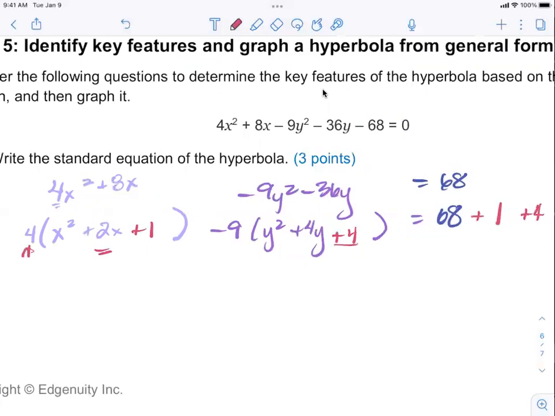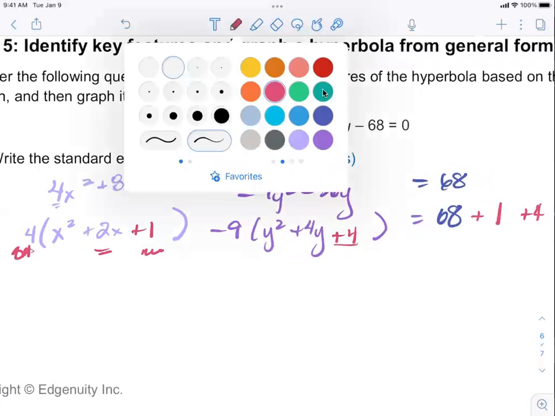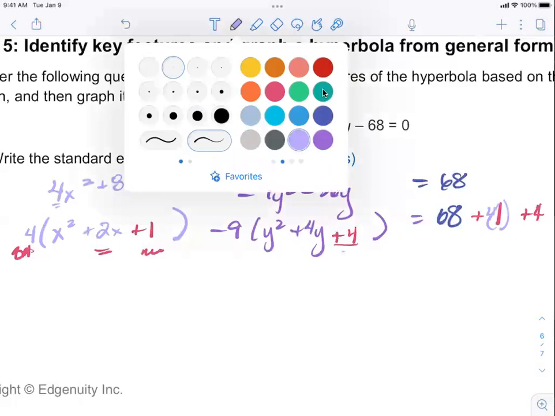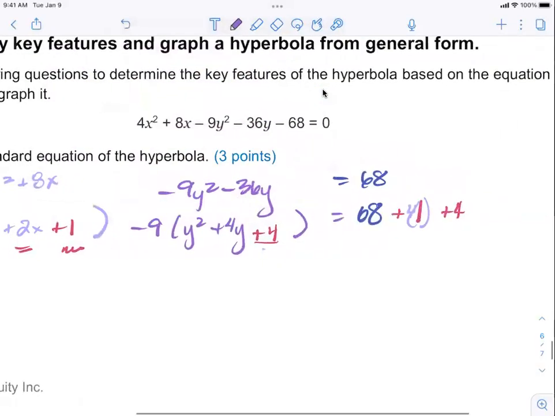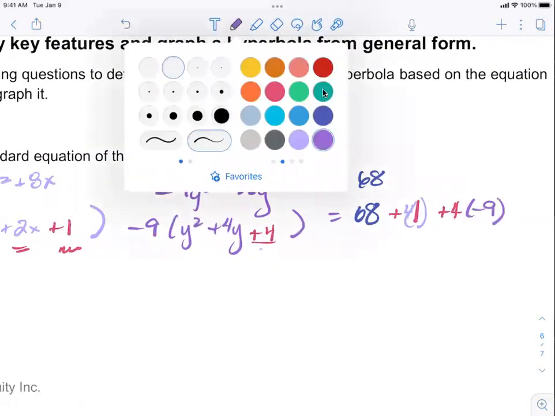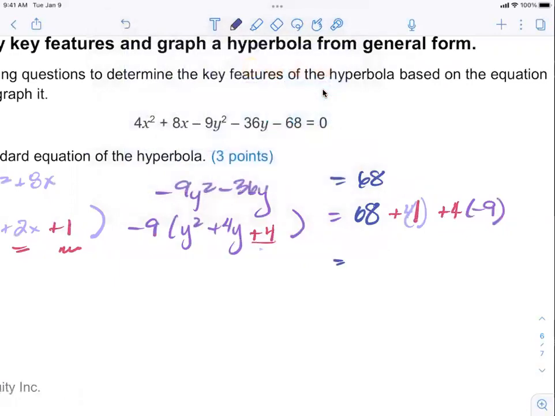I added 4 times 1. So you have to make sure that that's on the other side as well. I really added 4. And I didn't really just add the 4 on the right set of the parentheses on the left-hand side, but I really added -9 times 4. So this 4 gets a -9. So on the right-hand side, to put all this together, I have 68 plus 4 minus 36.